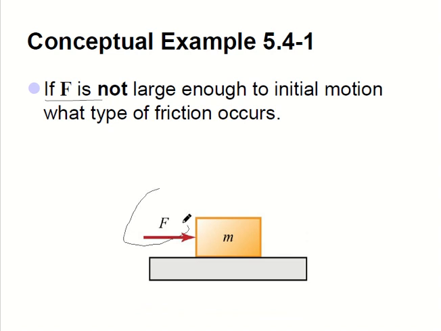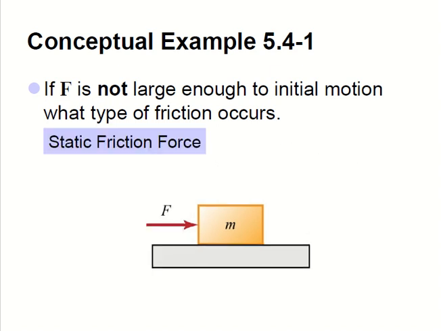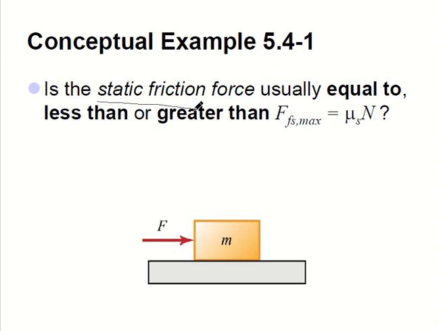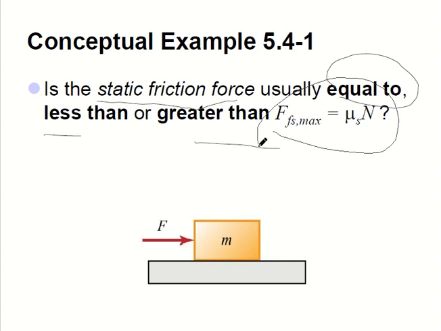Then if your pushing force is not large enough to initiate motion, what type of friction happens? We know that it's static friction because it is opposing that, because no motion happens. Is the static friction force usually equal to, less than, or greater than? Here is the force, this is the maximum static friction, and of course your normal force, which is acting on it. Don't forget these things, okay?